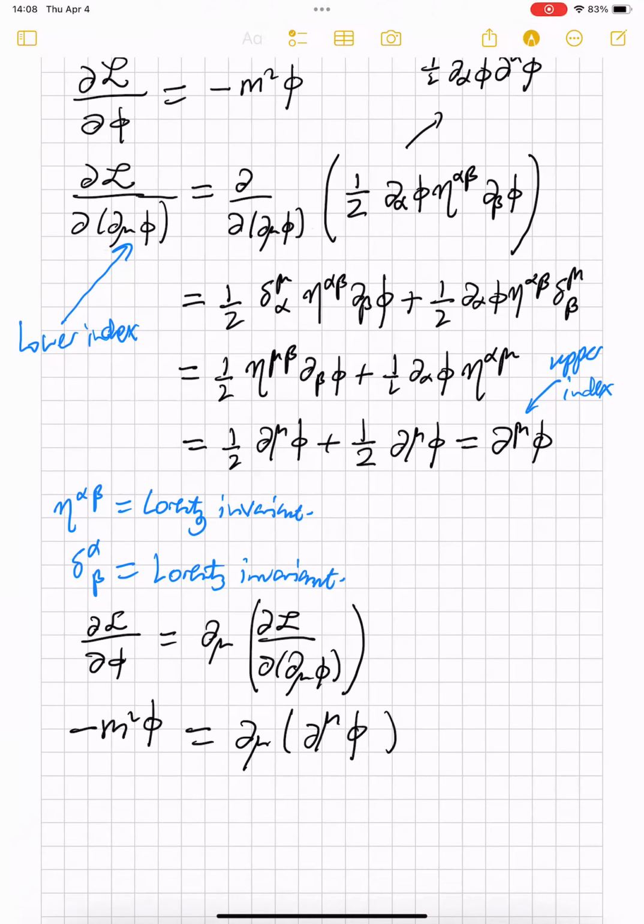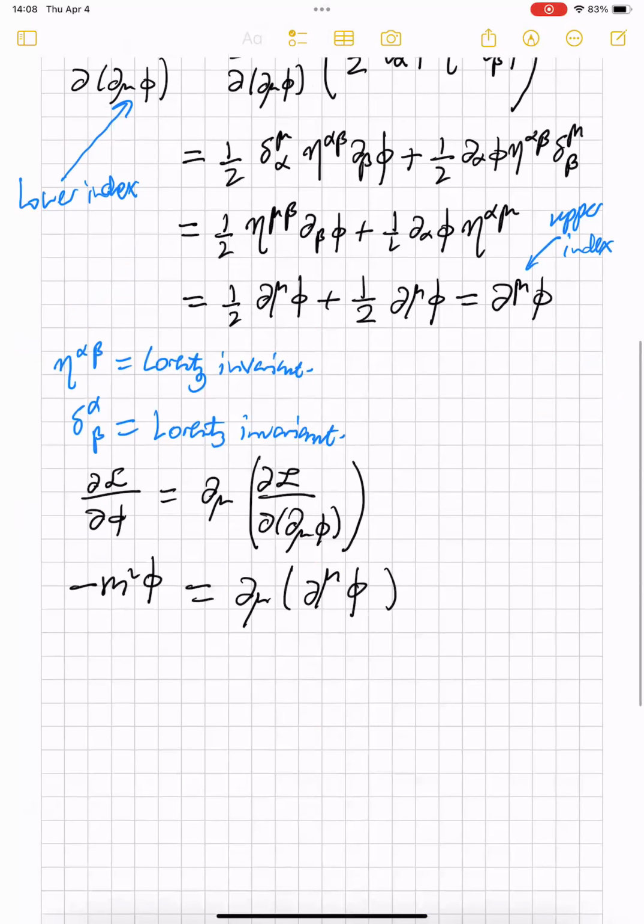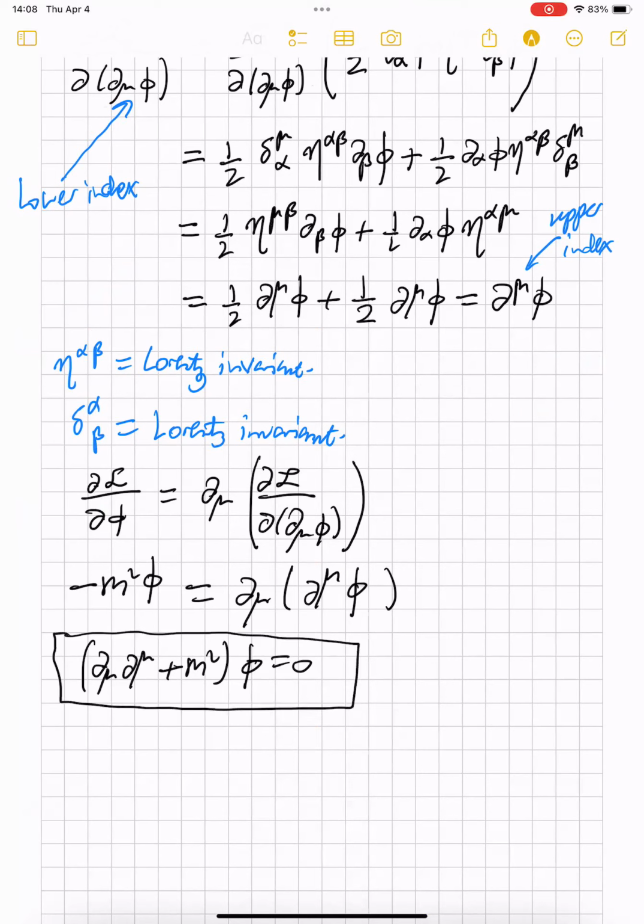And we see nicely the mu indices contract with one index down and one index up, so that the equation of motion that we get from the Euler-Lagrange equations is this equation sitting over here, which you will recognize as the Klein-Gordon equation.